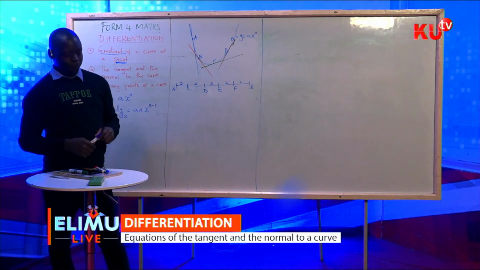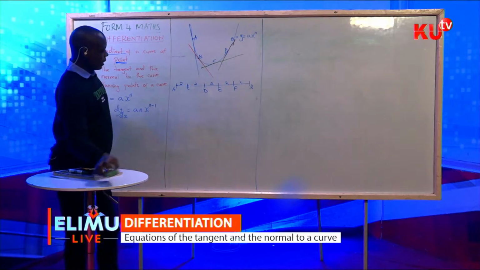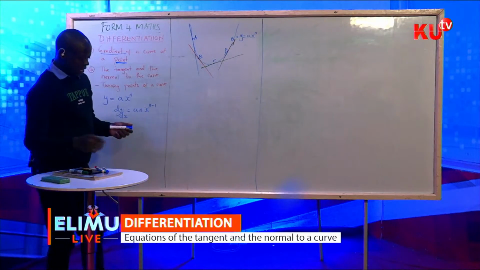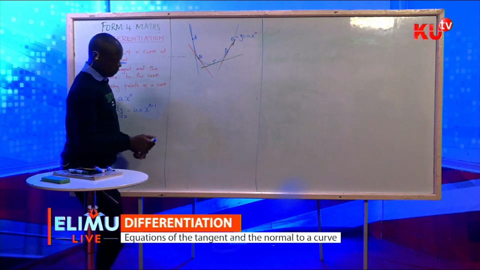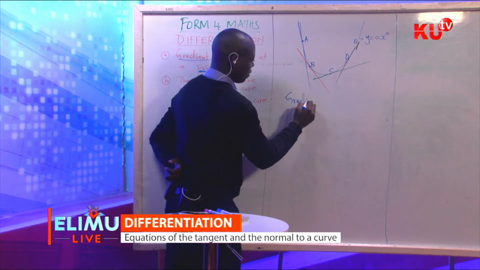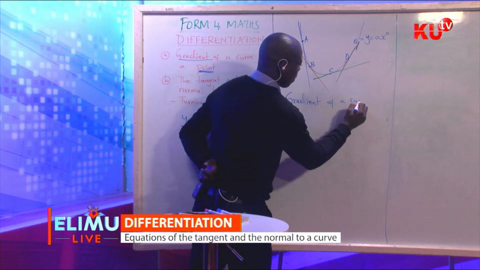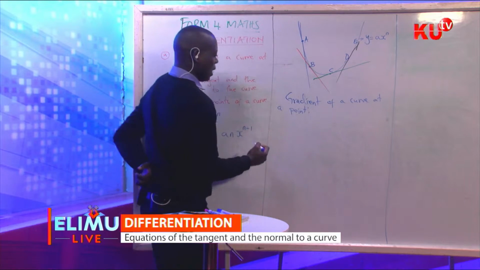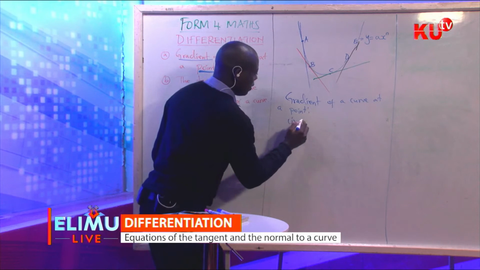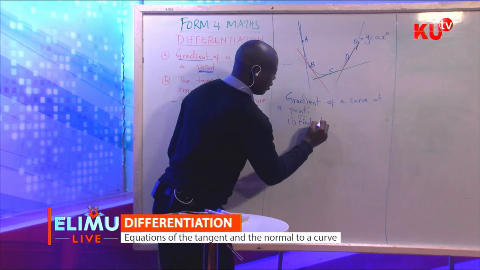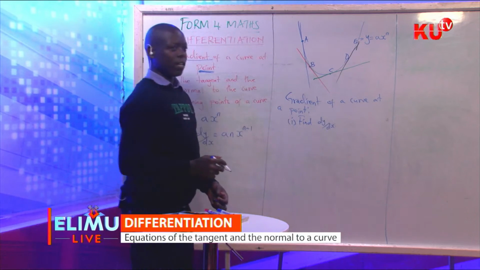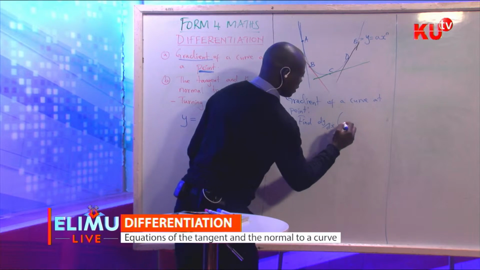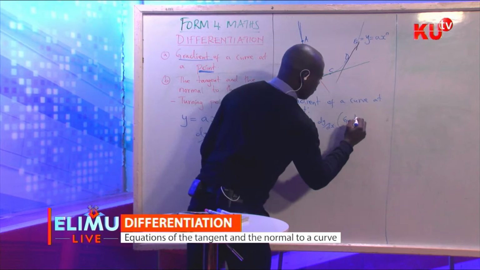Therefore, students, in our first item of discussion today, if you are to determine the gradient of a curve at a point, then the first thing is to differentiate. You find the dy/dx. You differentiate to find the dy/dx, and in this concept dy/dx is called the gradient function.